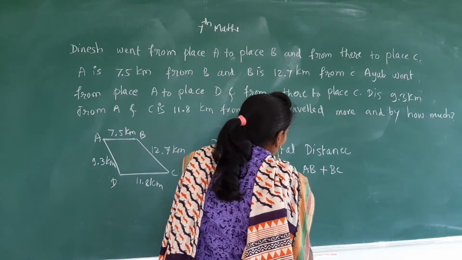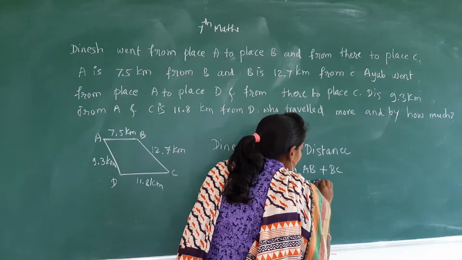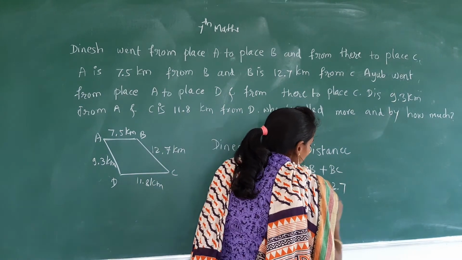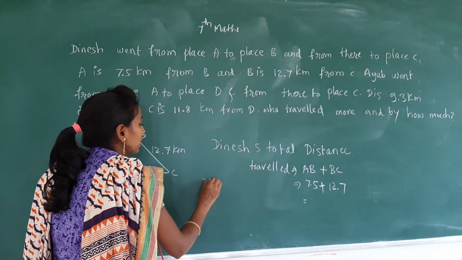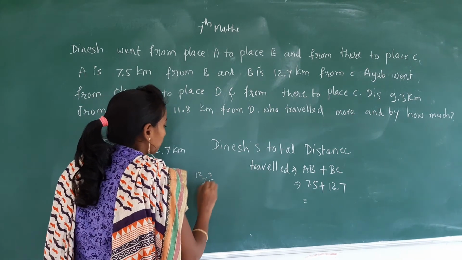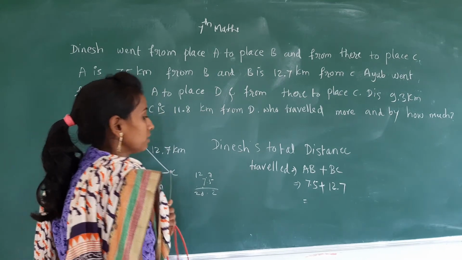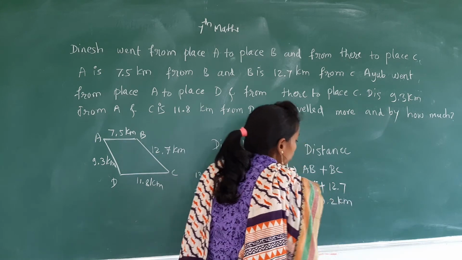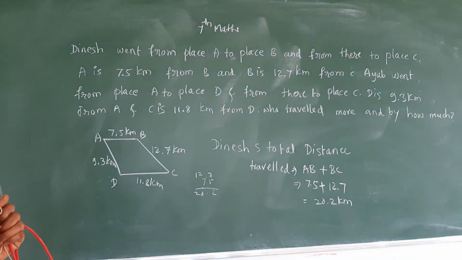From A to B is 7.5 kilometer plus from B to C is 12.7 kilometer. Now we have to add these two numbers, 7.5 and 12.7, that is 20.2 kilometer, that is the total distance travelled by Dinesh.